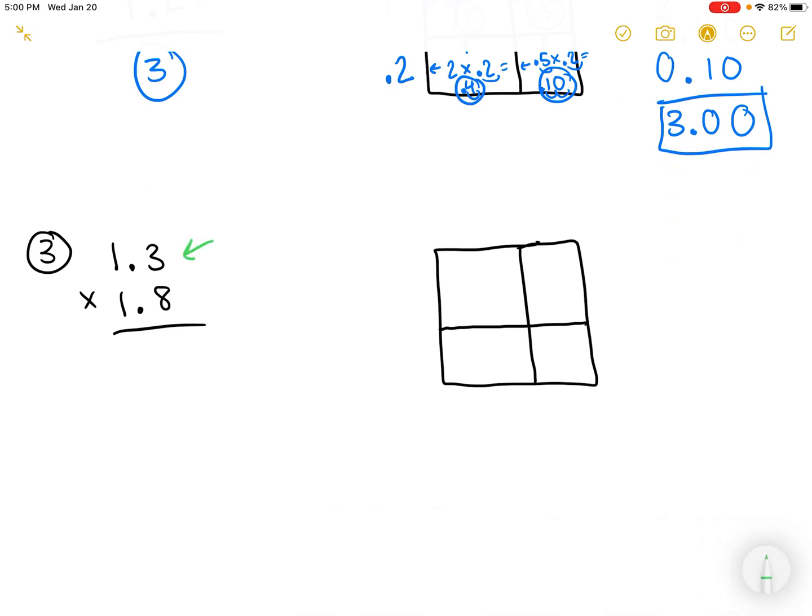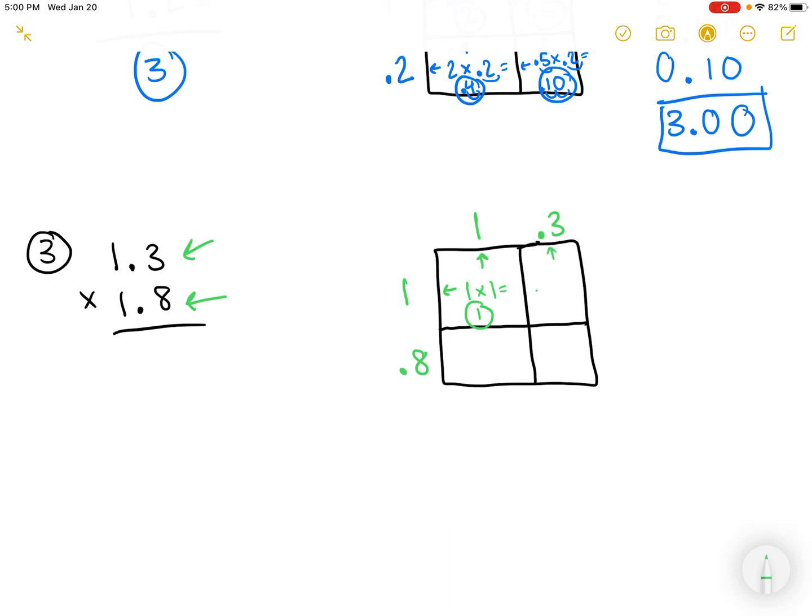Let's try one more example. Here we have 1 and 3/10 times 1 and 8/10. So let's break them up and put them on our square. So we have 1 and 3/10 and then 1 and 8/10. So remember, you multiply with the numbers up and the numbers to the side. So the first box will be 1 times 1, which equals 1.